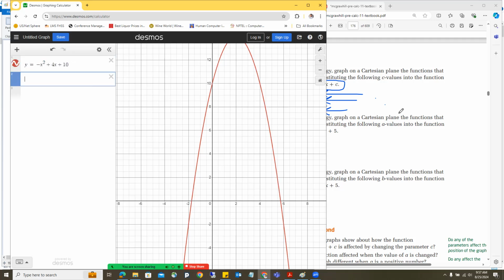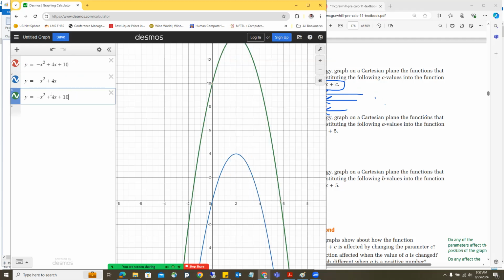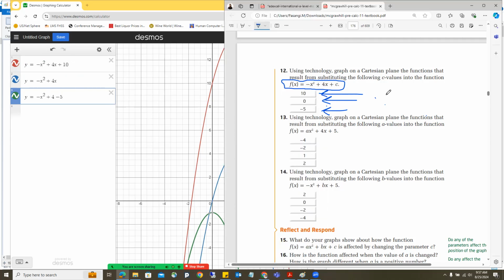Then the next graph would be 0, which means there is no constant. Then the third one would be a negative value, minus 5. These are the three sets of the first question: minus x squared plus 4x plus c. So c will be either 10, 0 or minus 5.